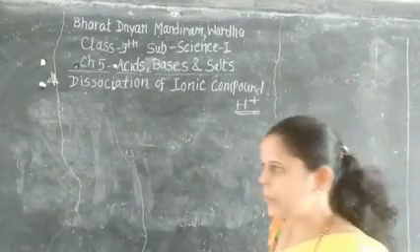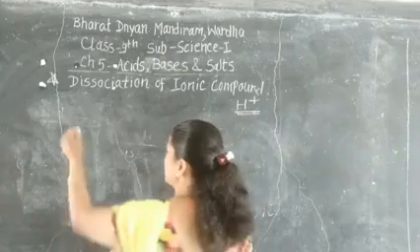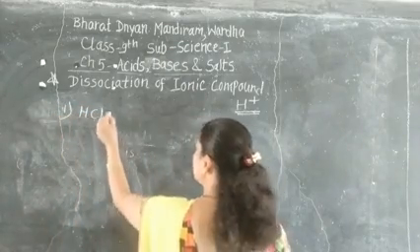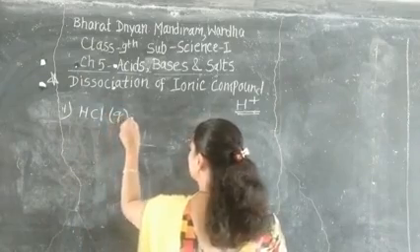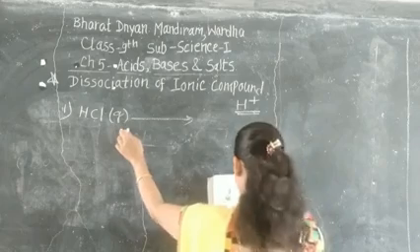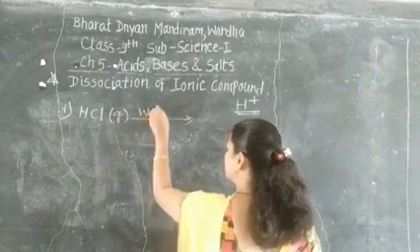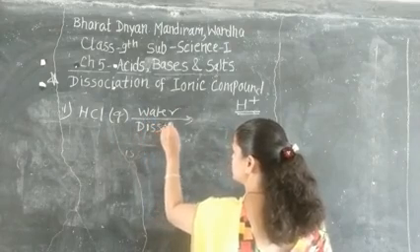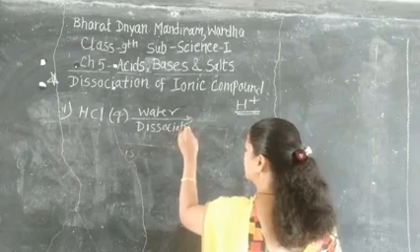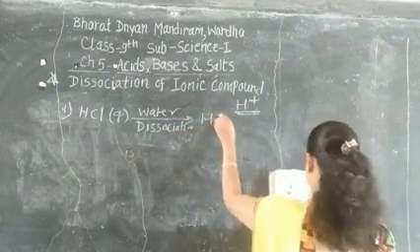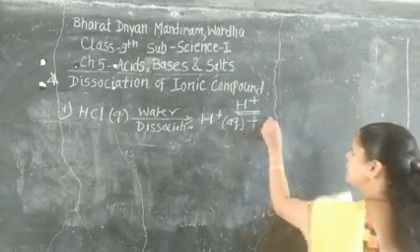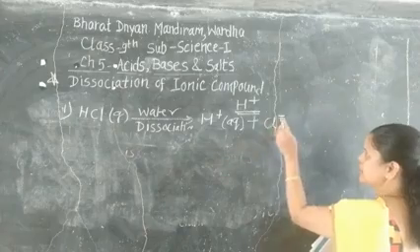Let's take one example, HCl, which is in gaseous state. After dissolving in water and dissociation, we get H+ ion in aqueous form plus Cl- ion, that is anion.